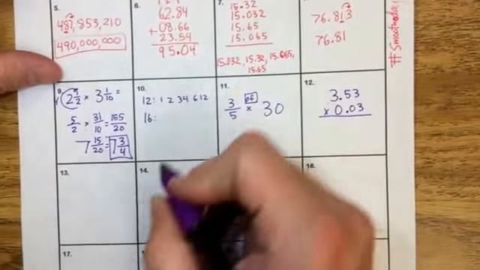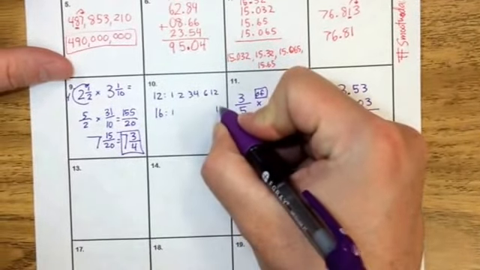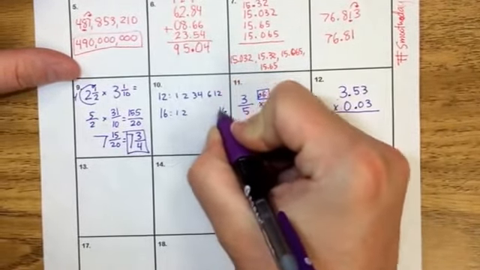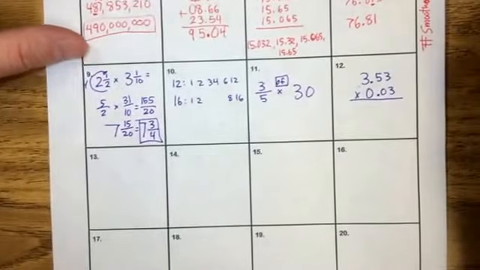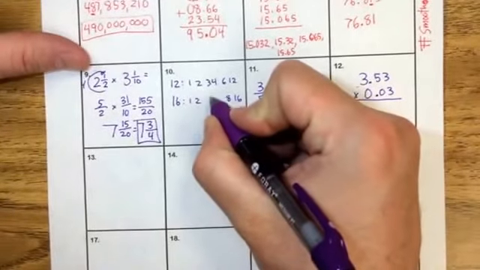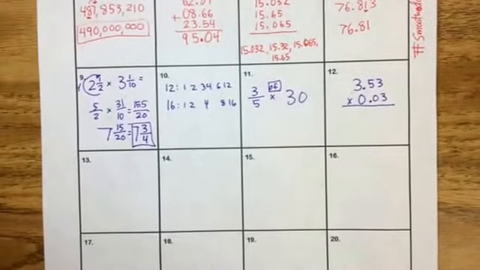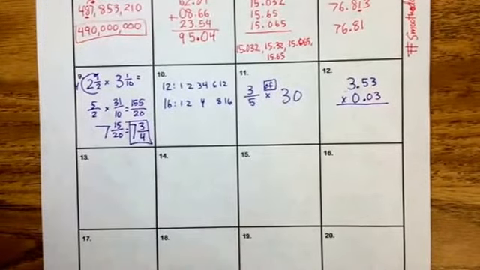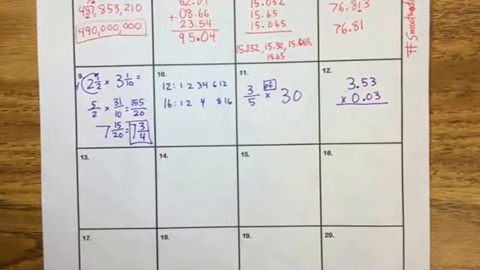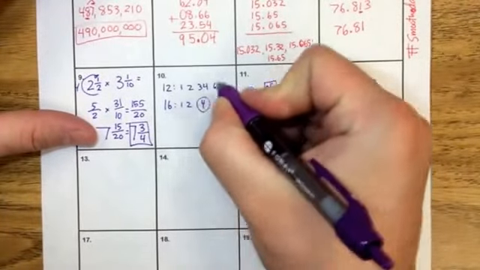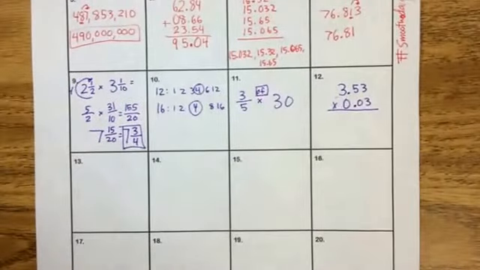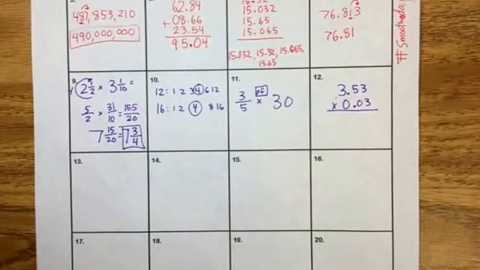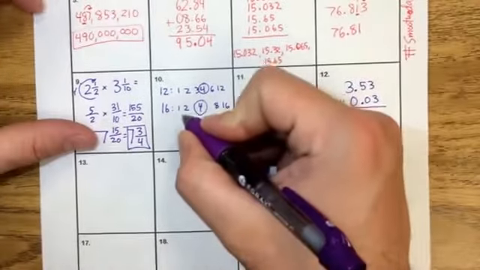My factors of 16 are 1 and 16, 2 and 8, 3 times nothing equals 16, 4 times 4, 5 times nothing equals 16, 6 times nothing equals 16. So that means that my greatest common factor is 4 because it shows up in both of my lists. My greatest common factor is 4.